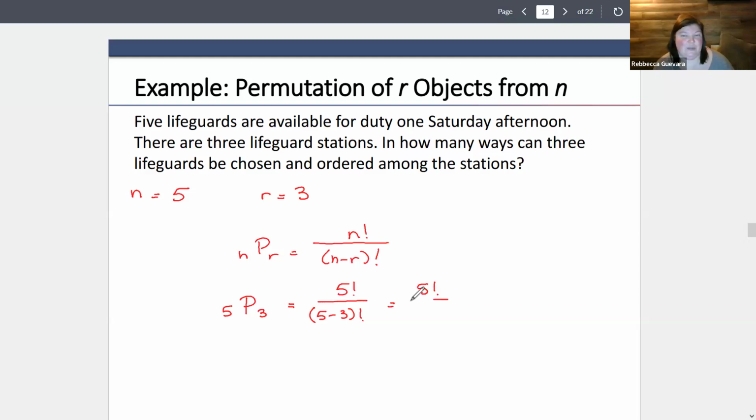That leaves me with 5 factorial over 2 factorial. So 5 times 4 times 3 times 2 times 1 divided by 2 times 1. That just leaves me with 5 times 4 times 3, so that is going to be 60.